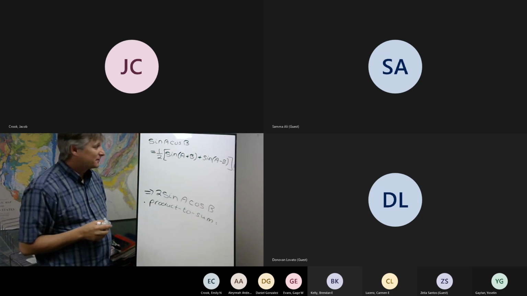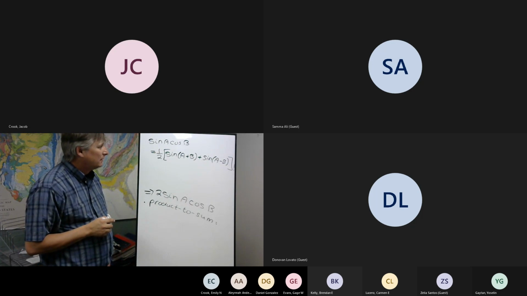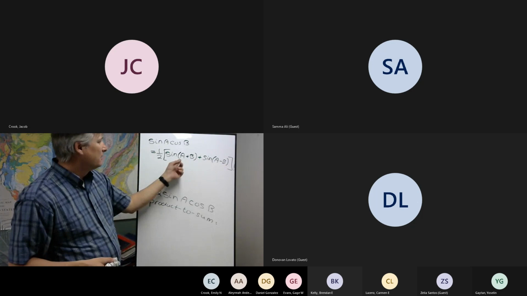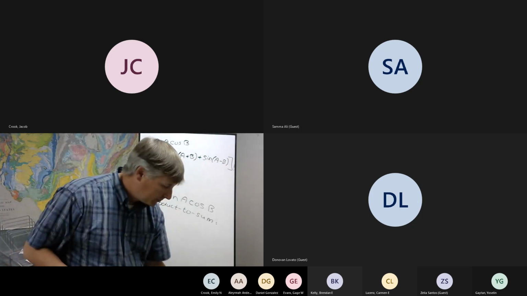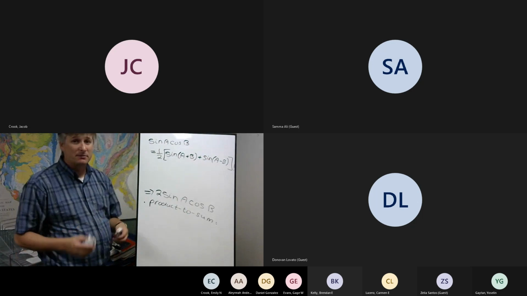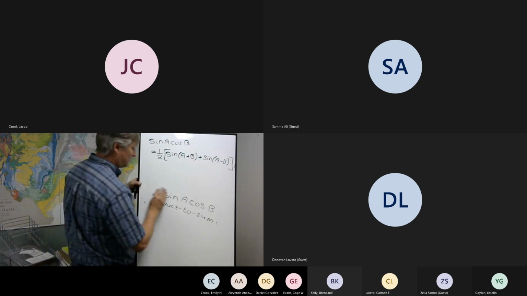So that's our product to sum formula. Now, what we're going to do, we're going to remember that A is alpha plus beta over 2, and then B is alpha minus beta over 2.